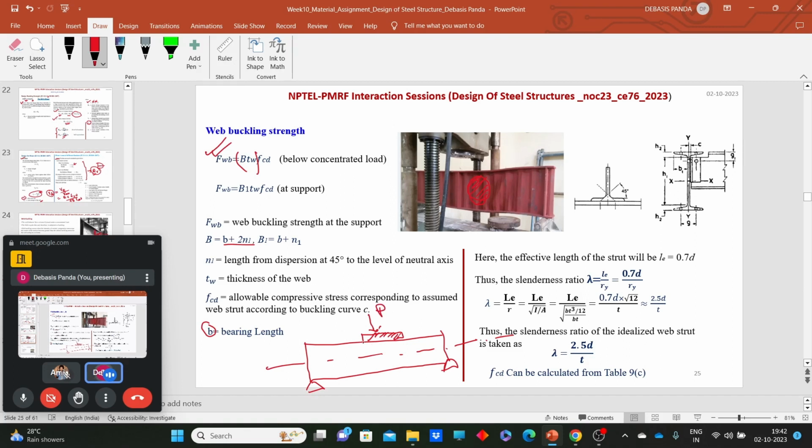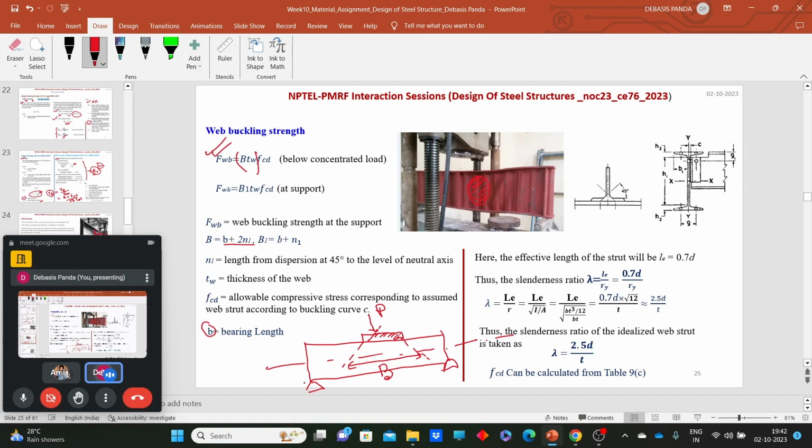The load will disperse generally at a 45-degree angle. Now what is that B? B is nothing but the length of this portion, B, under the load here.